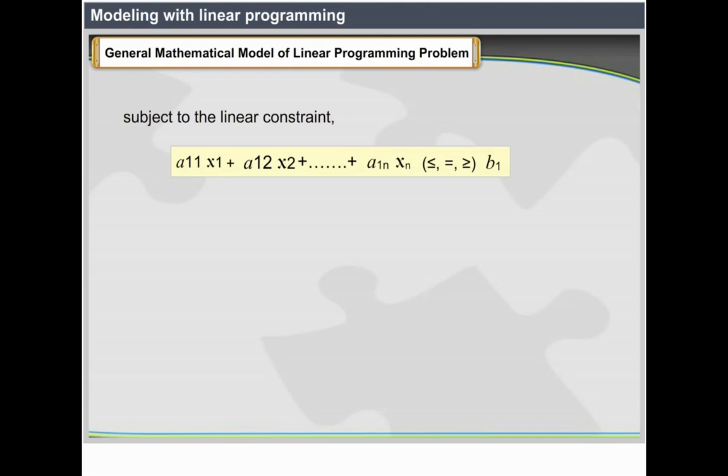While solving the problem, the constraints may come like less than or equal to, or greater than or equal to. That's what we write inside the bracket, all the three symbols.